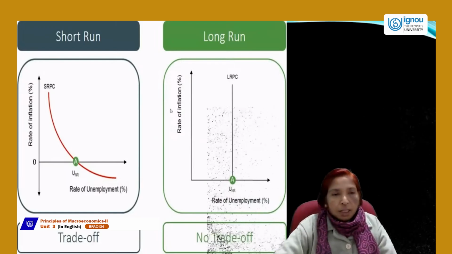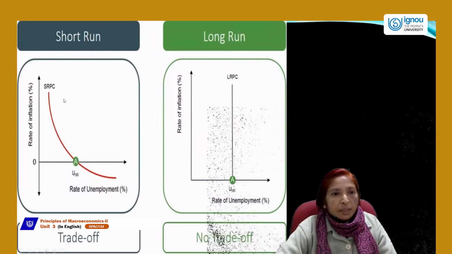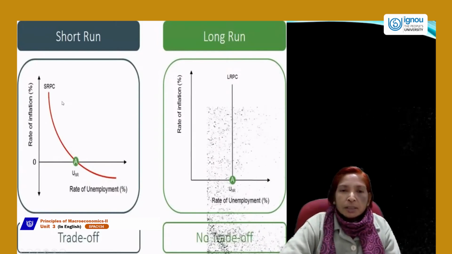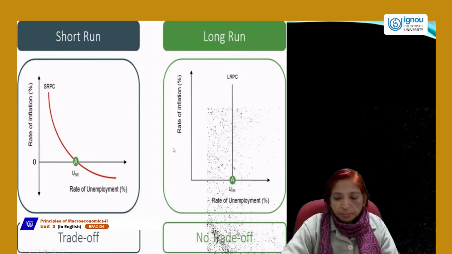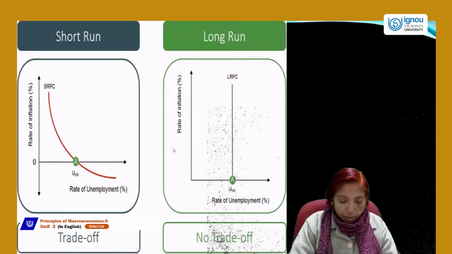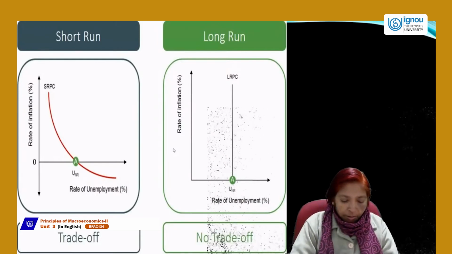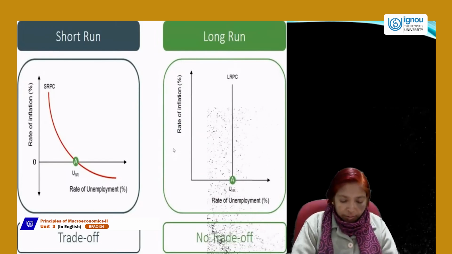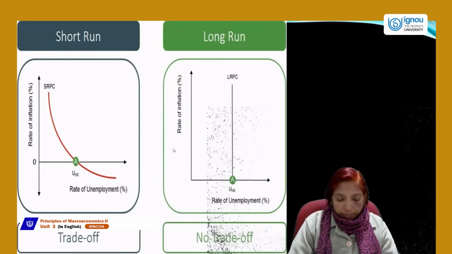So the curve will have a different shape in the short run and in the long run. In the short run, the curve will be downward sloping, and in the long run, the curve will be vertical.